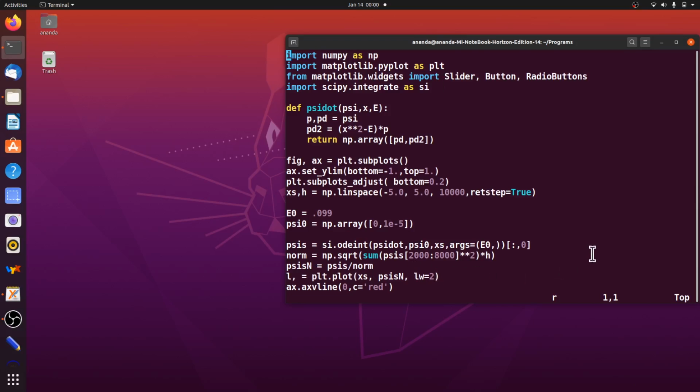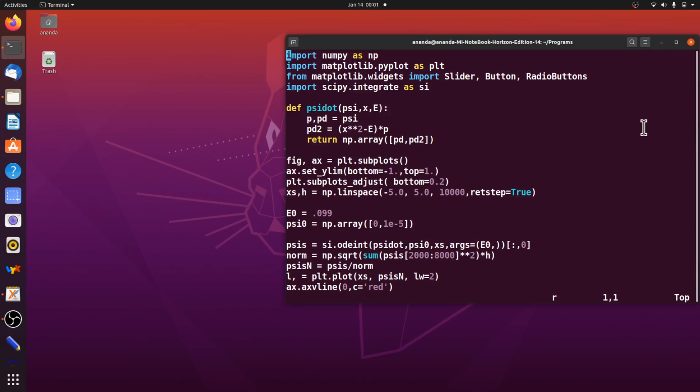And all I am doing is taking an arbitrary value of lambda, calculating the integral using scipy.integrate's odeint function, which we are going to discuss in some detail later in the computational class. And I'm just using matplotlib to plot the result.